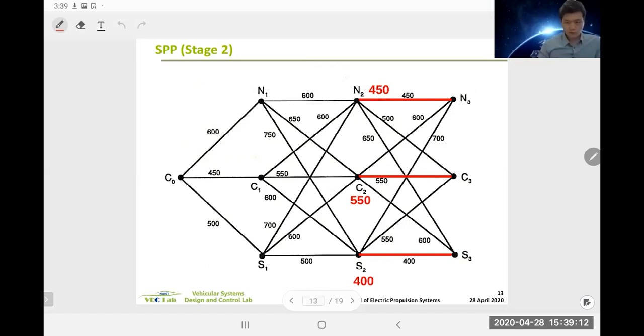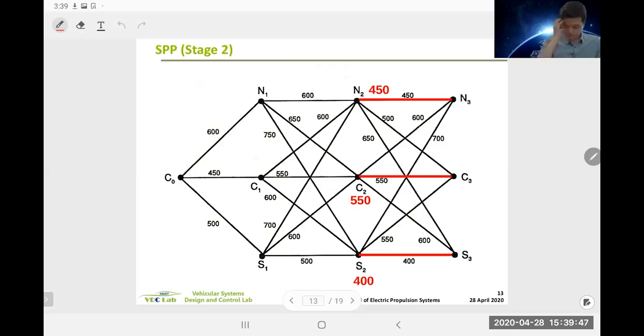The way we solve this is backwards in time. The idea of DP is we can solve this subproblem and then solve it backwards in time. The number of evaluations is much reduced if we do this.